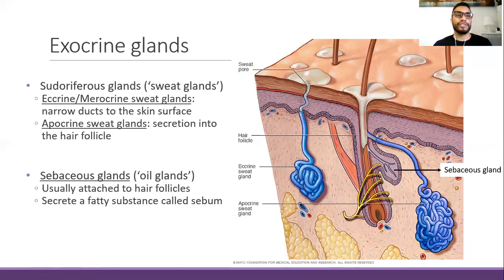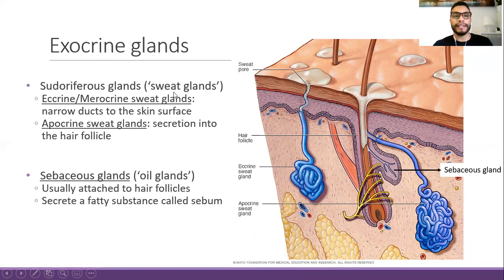So the exocrine glands secrete substances to the external environment. In the skin, we mainly have exocrine glands here.